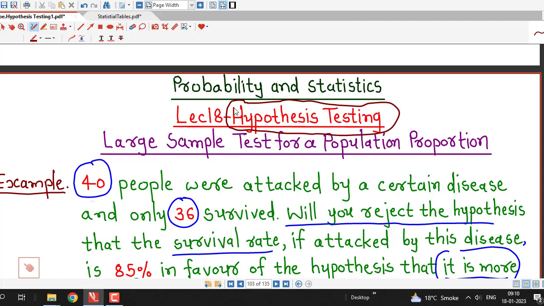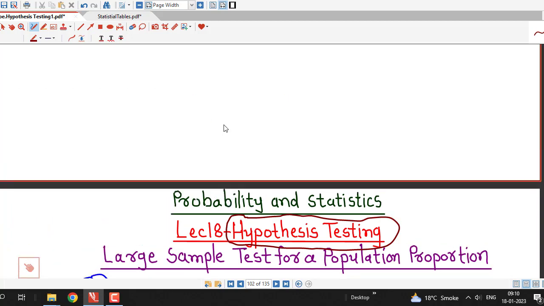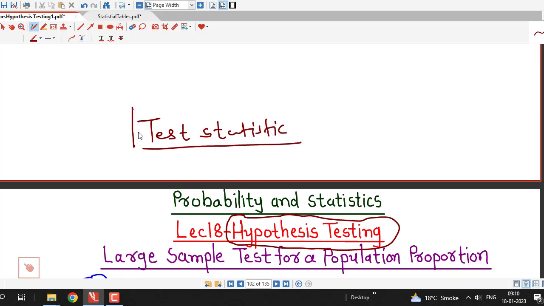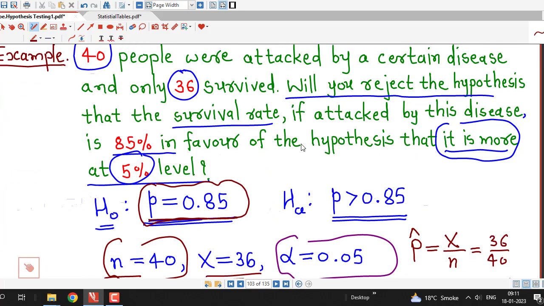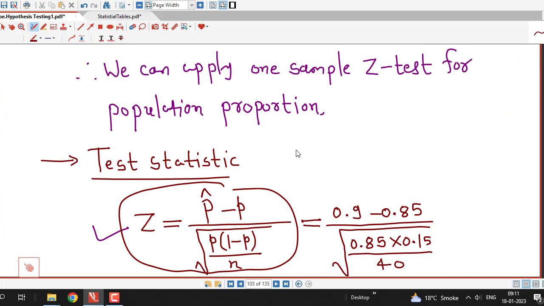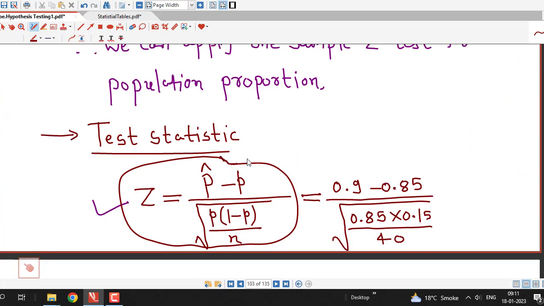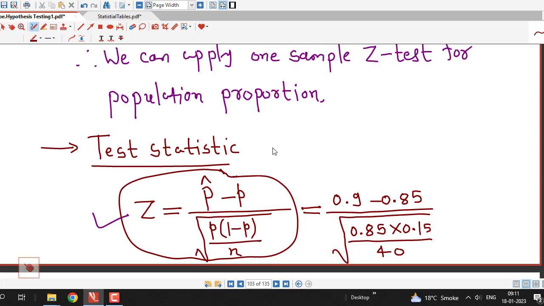So almost the procedure is the same, but the only difference is the formula for the test statistic and whatever distribution is there. So far we are using the Z test, and we have used the T test. We have used only two distributions, the standard normal distribution and the T distribution. All you have to remember is the different formulas for the test statistic in different scenarios.